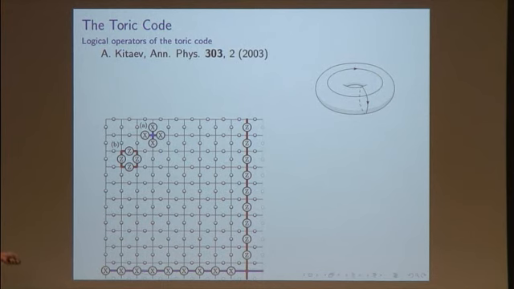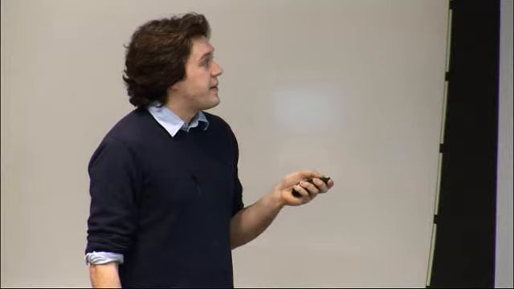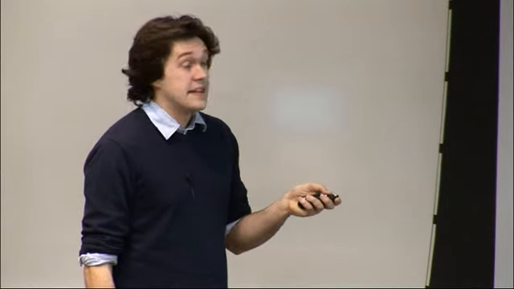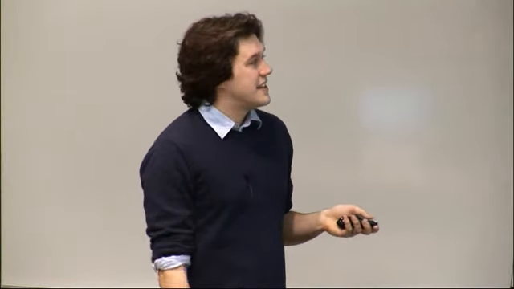This will anti-commute with a string of Pauli X operators that runs along the opposite handle of the torus. These logical operators anti-commute with one another, so we get the logical algebra of a qubit. The stabilizers commute with these logical operators too, and that's important because if we measure the stabilizers, we don't start collapsing logical information.